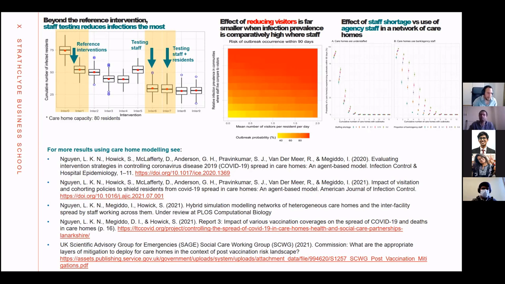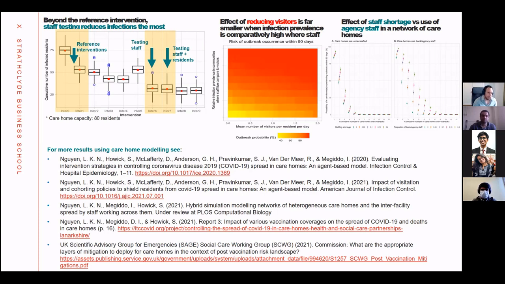There's a set of reference interventions that were implemented immediately in Scotland and in the UK when care homes were first hit with COVID-19. And then we looked at a few different testing strategies as well as other interventions. Most interventions reduced the burden on care homes slightly, but not to a huge extent.